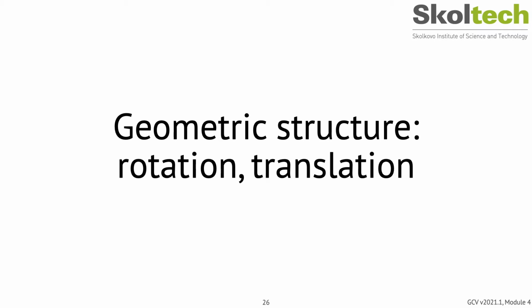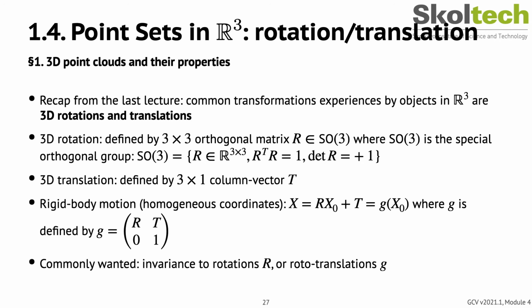However, we should also pay attention to the geometric structure of point sets. From the last lecture, you remember that common transformations that are experienced by objects in R3 are 3D rotations and translations.